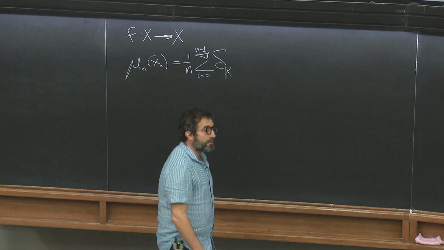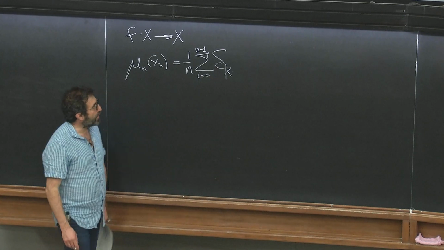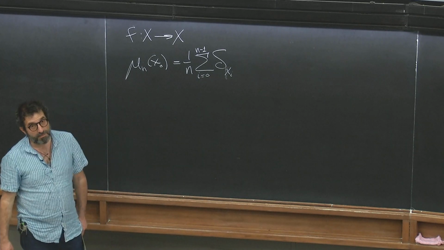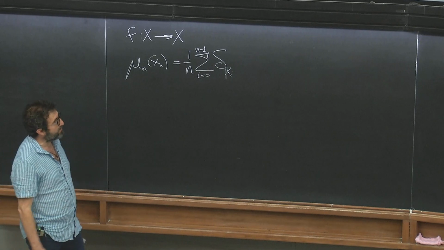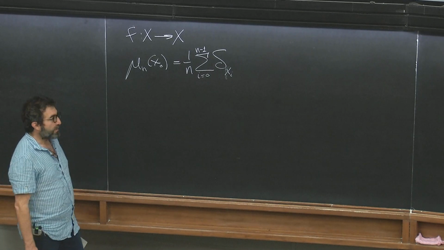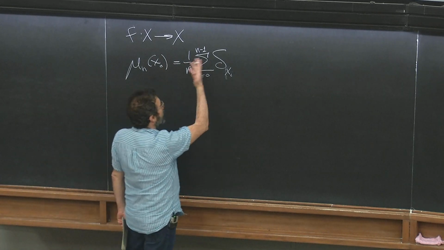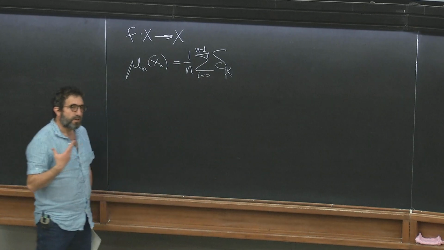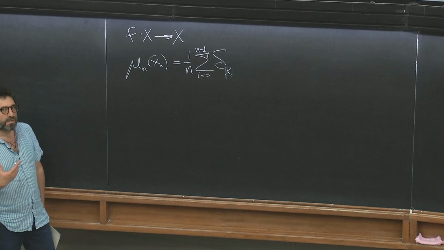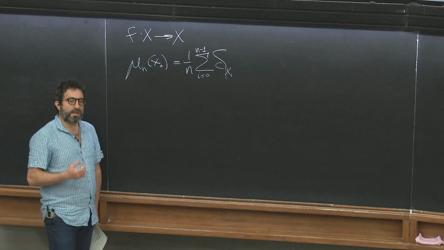So what we were interested in was the problem of the convergence. I spent quite a bit of time last lecture, most of it really just to get a feeling for what this means, because it's quite subtle.